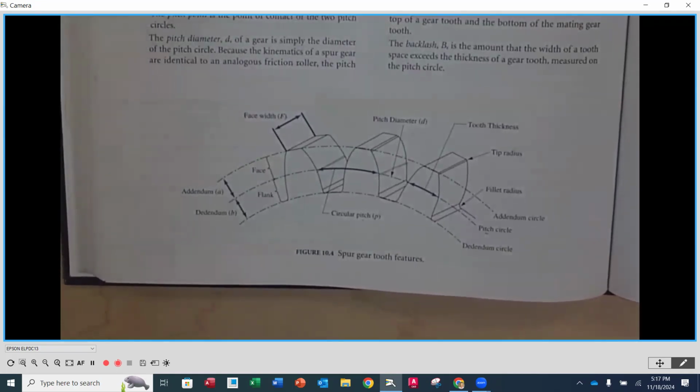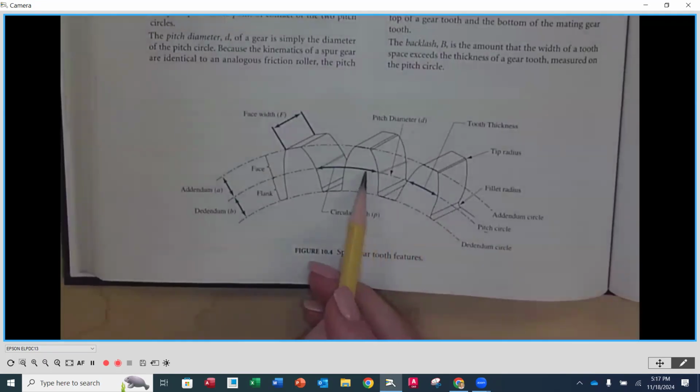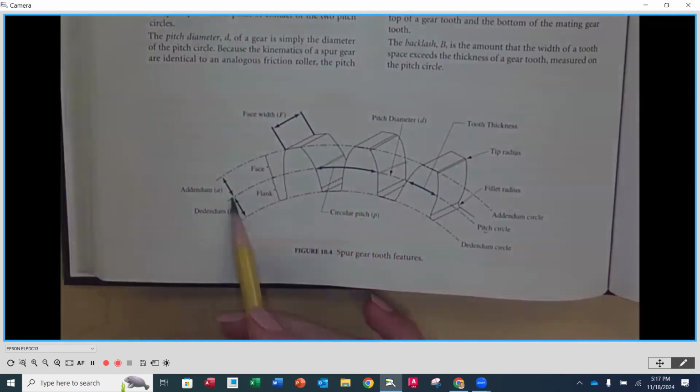The first thing I want to point out is this circle that goes right along here. This is called the pitch circle or the pitch diameter. That ends up being a very important circle on our gears. It happens to be the place where, when it engages with another gear, that's going to be the point of contact.